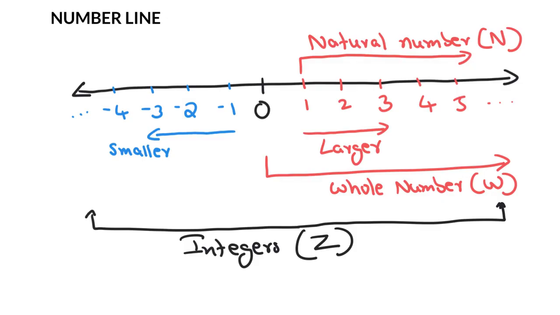True, because all natural numbers fall within the whole numbers. Okay. All whole numbers are natural numbers. True or false? False, because 0 is a whole number, but 0 is not a natural number. So you get the point. The basic classification of numbers: natural numbers, whole numbers, and integers.